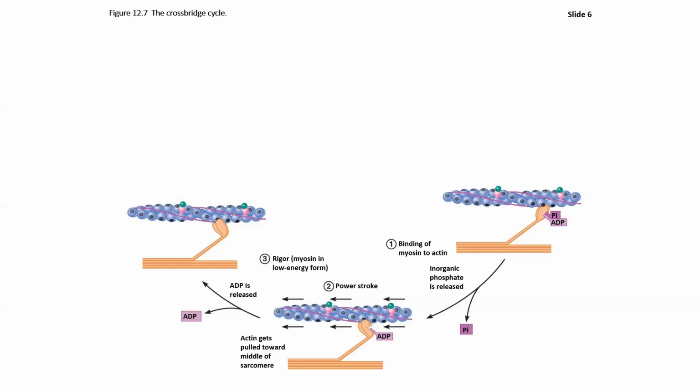So rigor is this state where myosin is still in its low energy form. Although we don't have a new ATP in here, we need that ATP to come in in order for myosin to let go of actin. And so this is what brings about rigor mortis. If you've ever heard of rigor mortis, it is the state where your muscles stay tightly contracted after death, and that is because in the absence of ATP, after you die, there's no ATP circulating.